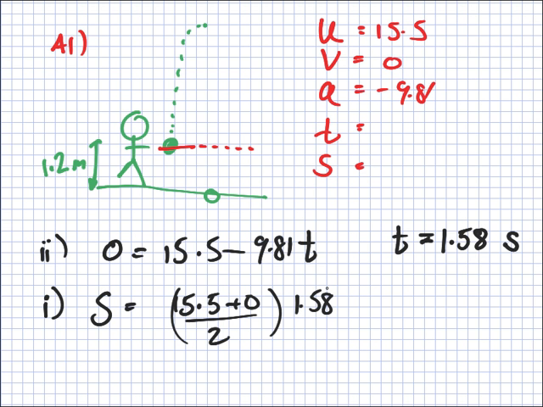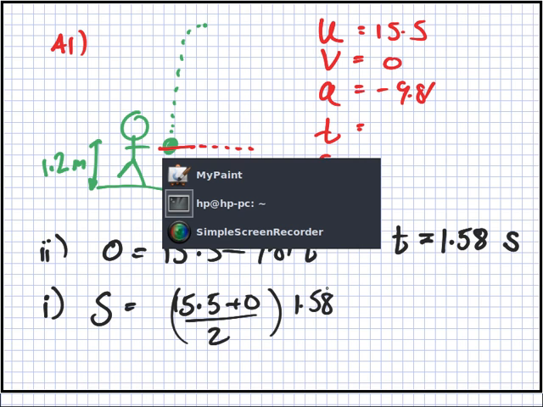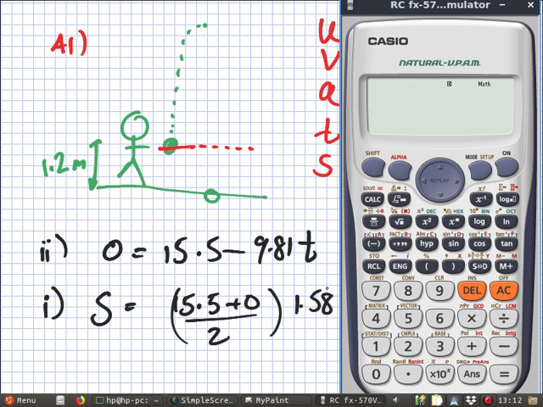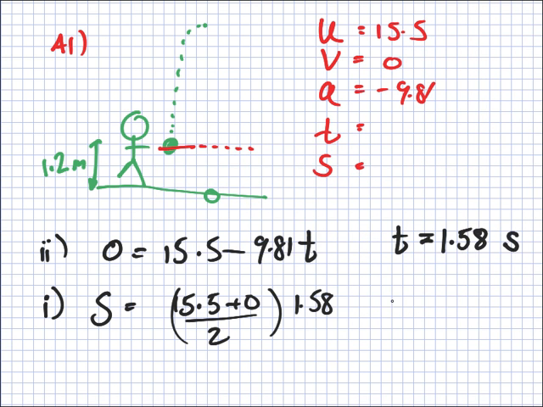Divide the answer by 2 and multiply by 15.5. So divide by 2, 12.2 meters. Okay?